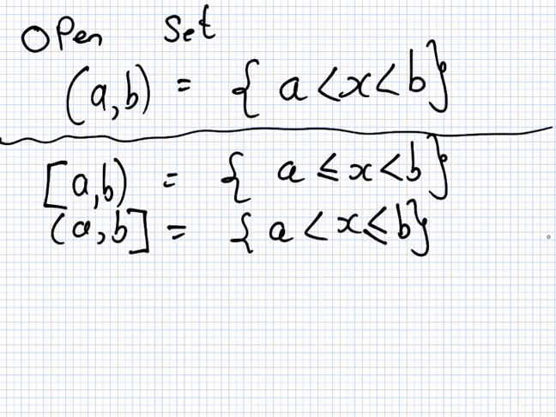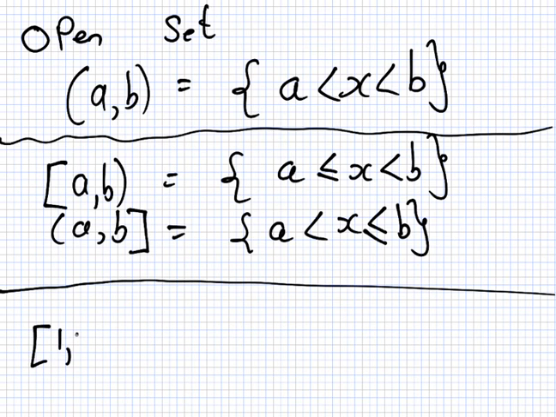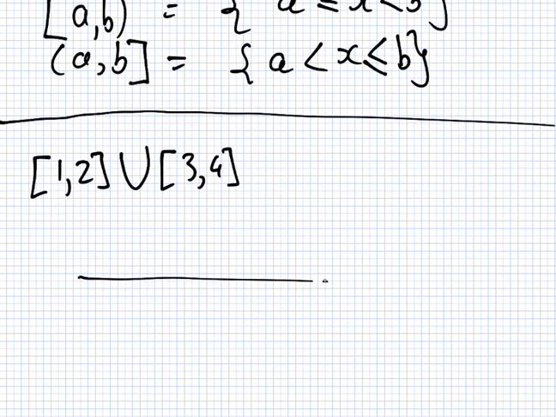Now, what also is convenient is we can stitch them together. So for example, if I write something like this, 1 to 2, union, that's what this symbol here means, union, 3 to 4. What that means, if I draw it on the number line, 0, 1, 2, 3, 4, sorry, let me fix that.